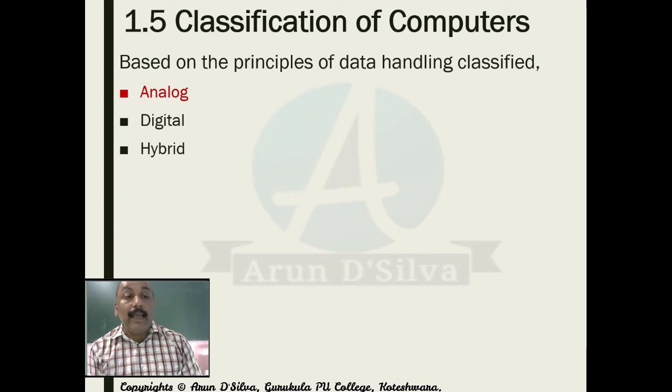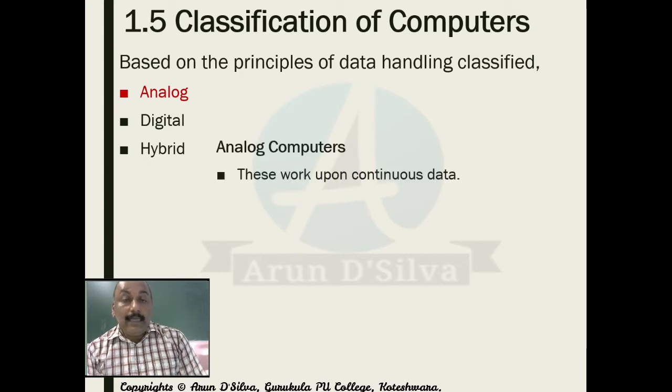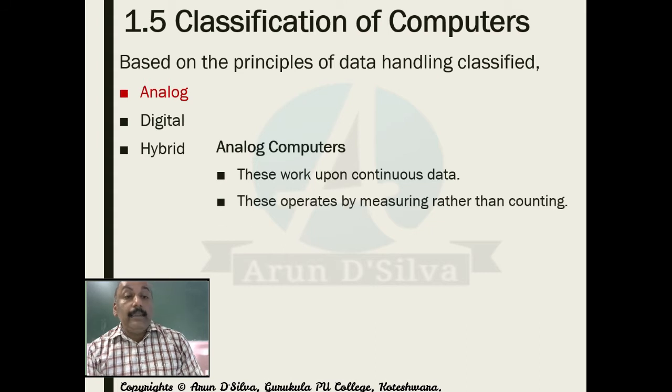The first one is analog. As I told you, the analog computer works upon continuous data. At any time, the value will be represented or retained based on the previous value. So it continuously supplies the data to the computer, and it operates by measuring. Here the operation is measuring rather than counting; the counting part will not be done, the measuring part will be done.